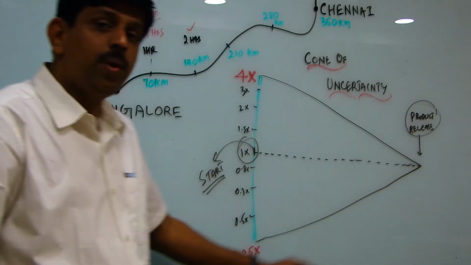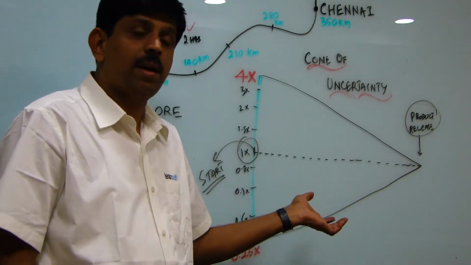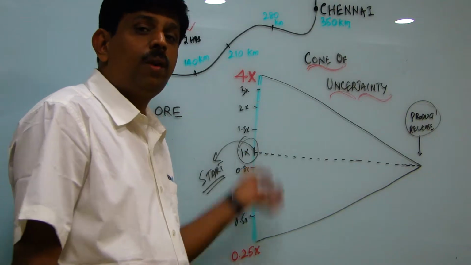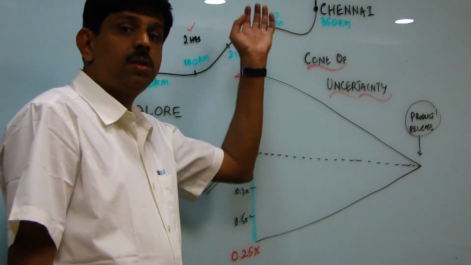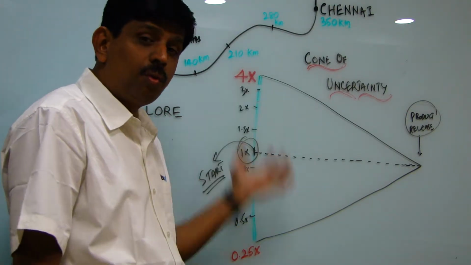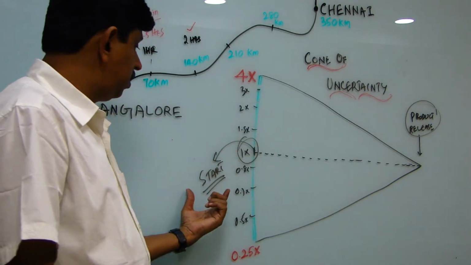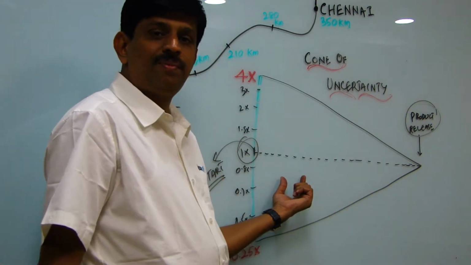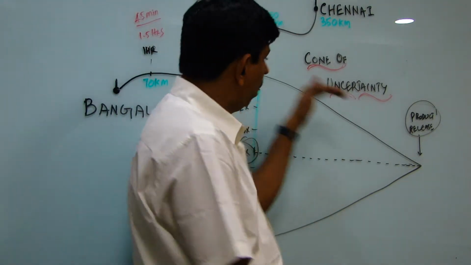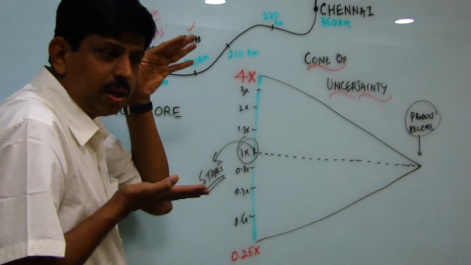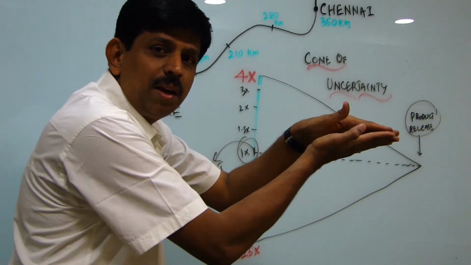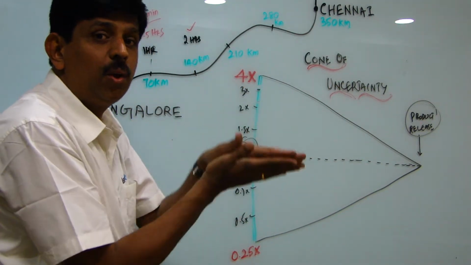There is a lot of study done, and they found it can vary by 4 times, either this side or that side. The estimate can go wrong by 4 times even if you do a thorough estimation in the beginning of the project. As we move on, the cone of uncertainty comes down and goes close to the actual estimate, accurate data.